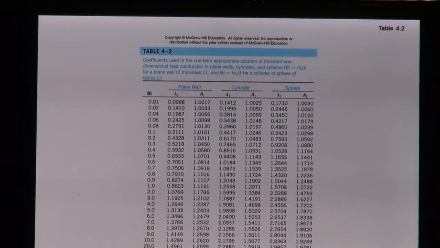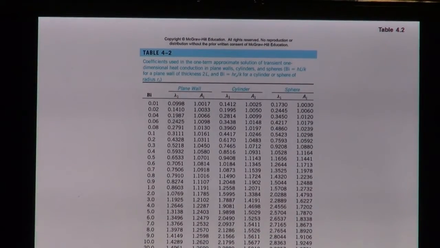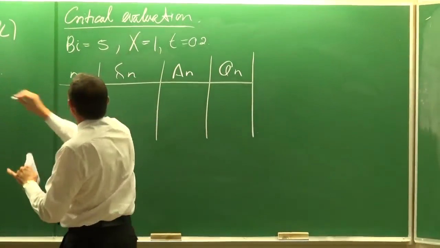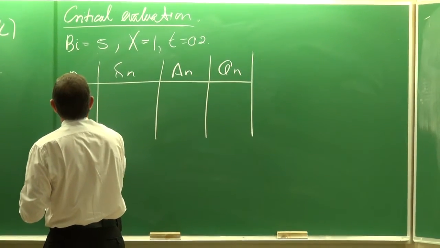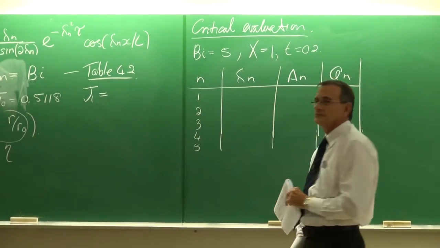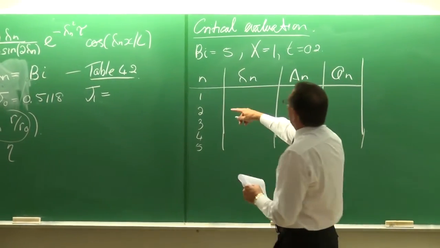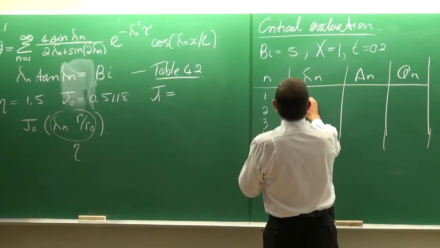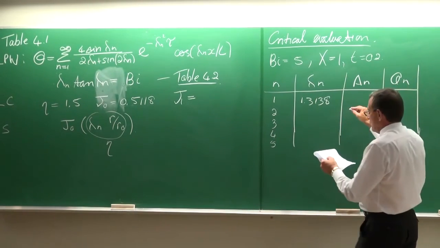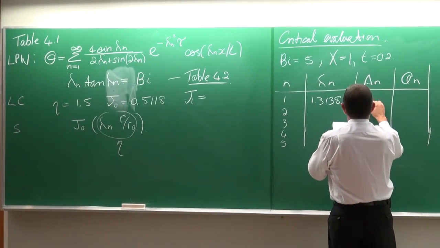Let's look at n, lambda n, An, and theta n, and go and do this calculation for n equal 1, 2, 3, 4, and 5, etc. For n equal 1, lambda is 1.3138, A1 is equal to 1.2402.